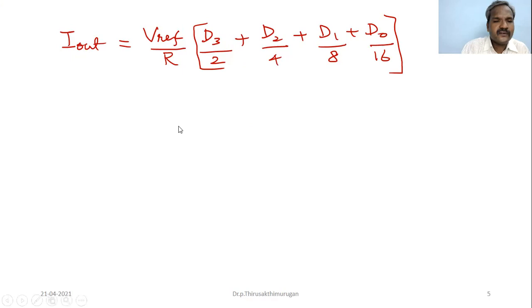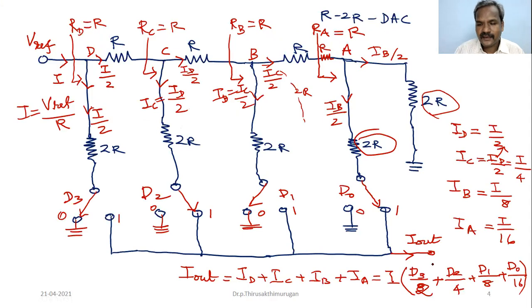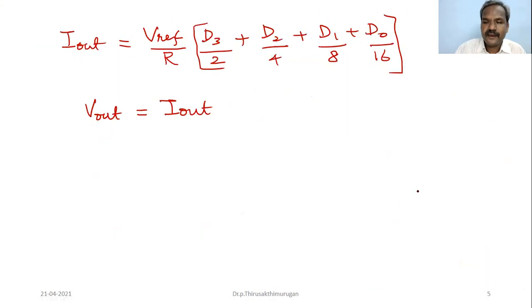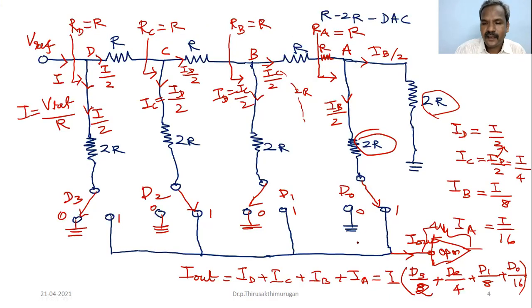Understand? So what is V out? V out equal to I out. If you connect an op-amp here, the op-amp circuitry has feedback. Say the feedback resistor is RF.